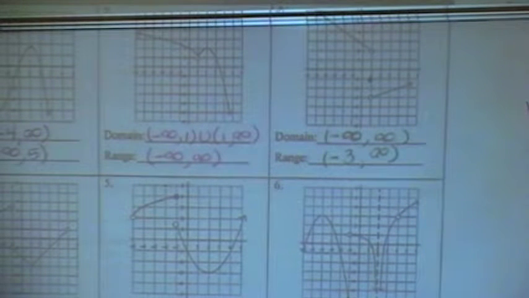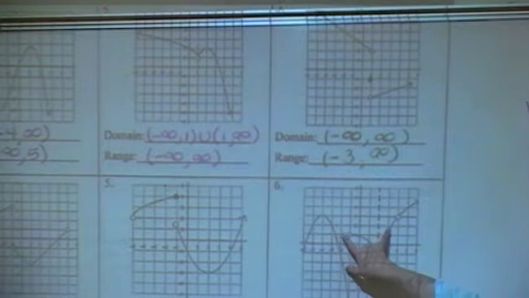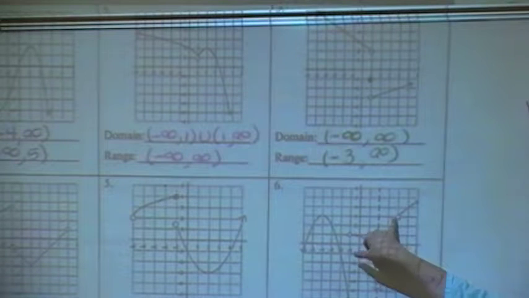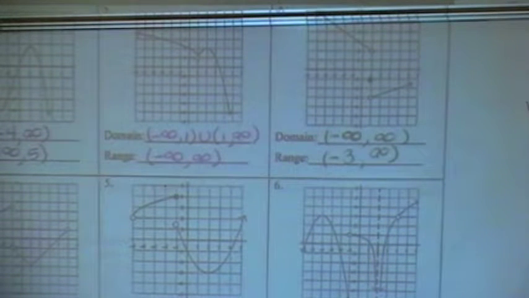And then as far as range goes, you've got 2 arrowheads pointing down, which means it's going to go down forever. And it goes up to here with an open dot, but that's okay because there's a point here. And it keeps going up to here where there's an open dot, but that's okay because there's a point here. And then that goes up forever. So they're kind of hard to read sometimes when they're that messy. Is everybody okay? Yeah? Okay.